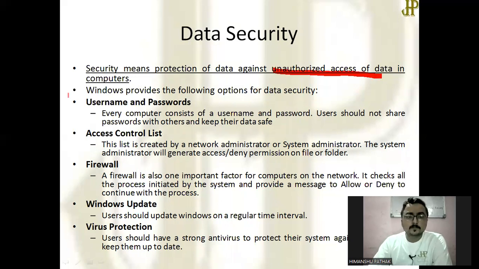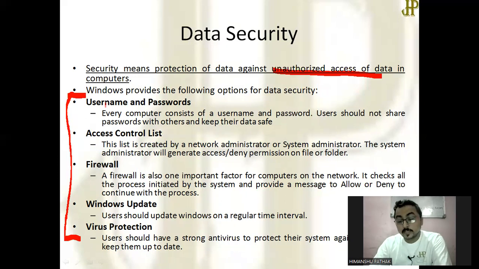Windows provides some functionality I have listed here: username and password. Whenever you log in to your system, you can create a username and password so that the system can be opened only after providing a valid username and password.